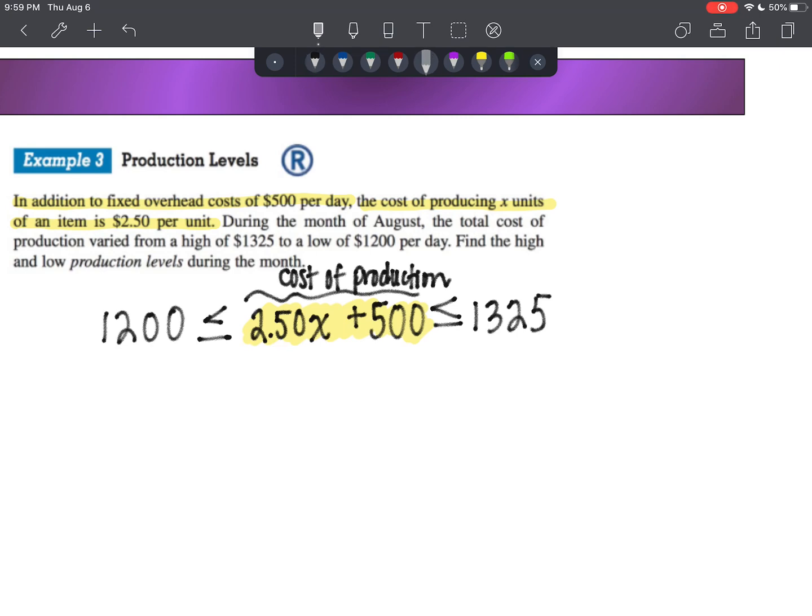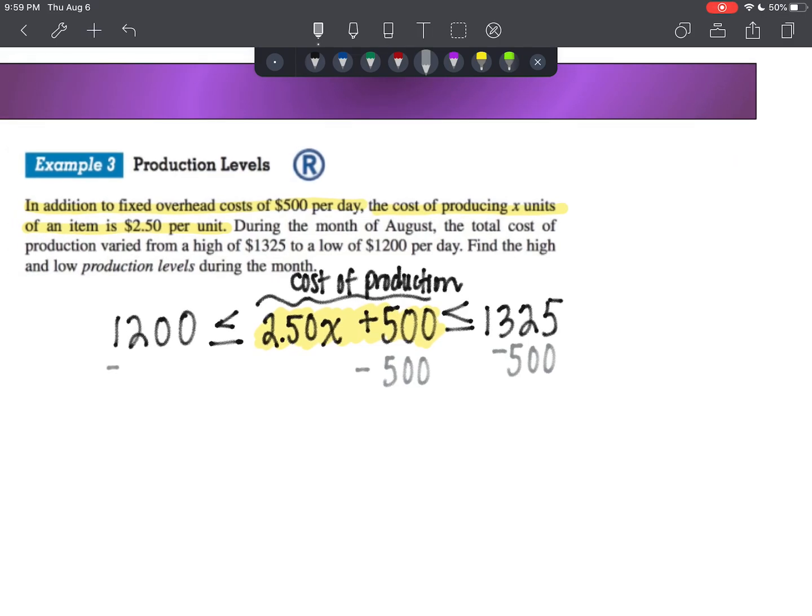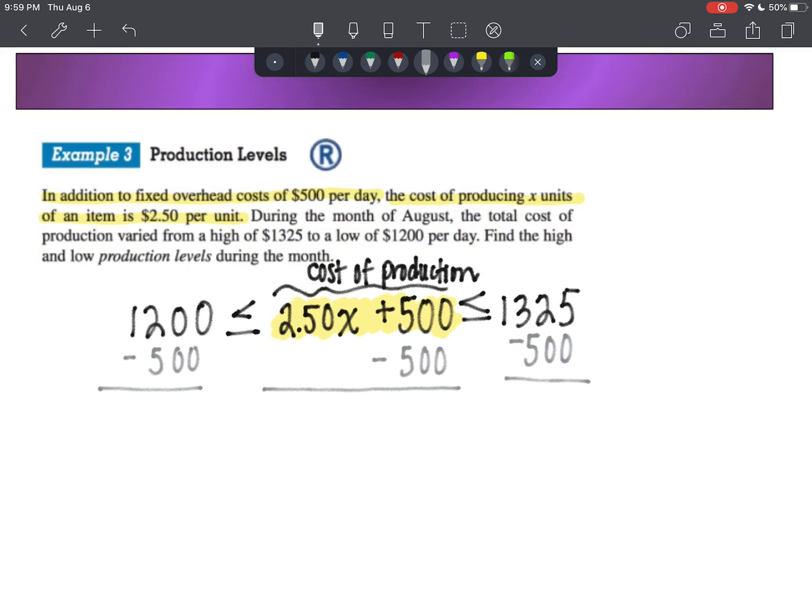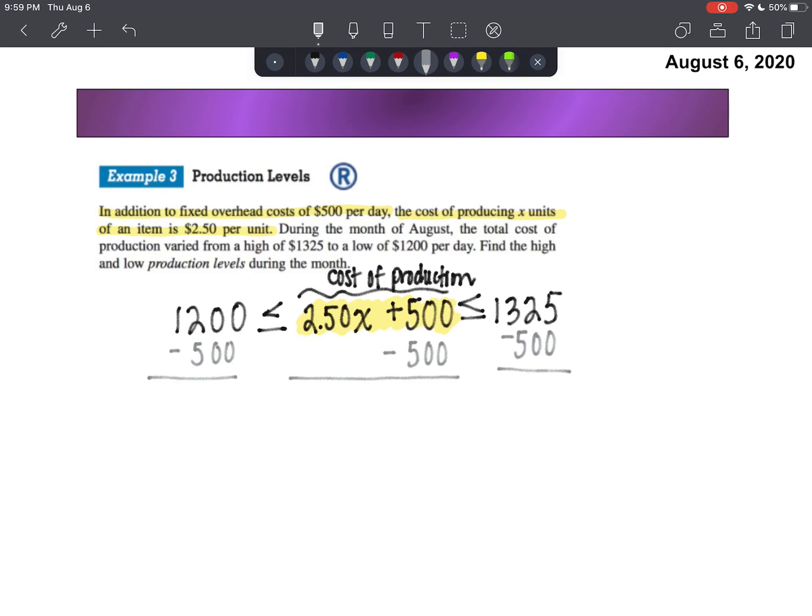So we're going to subtract 500 from each part of the inequality. I said interval. Inequality. 1,200 minus 500 is 700.